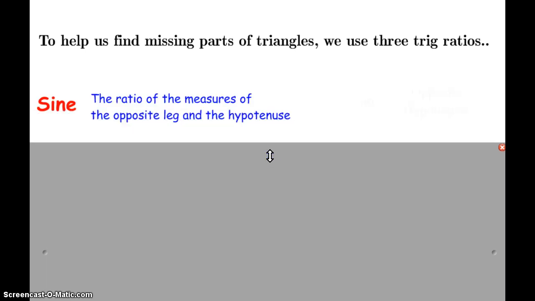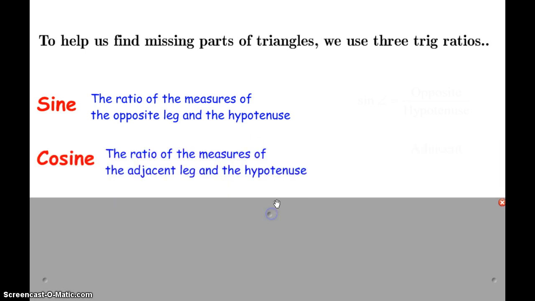So what are those trig functions? To help us find missing parts of triangles when we can't use the Pythagorean theorem, we use these trig ratios. The sine is the ratio of the measures of the opposite leg and the hypotenuse. We're going to simplify the words here in just a minute, but that is the ratio which we call sine, S-I-N-E.